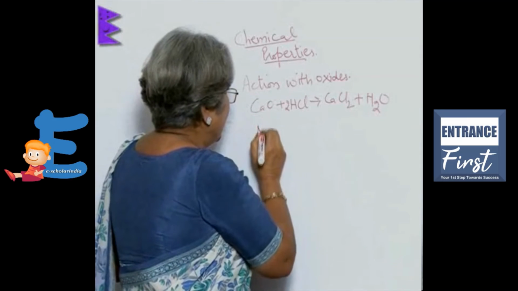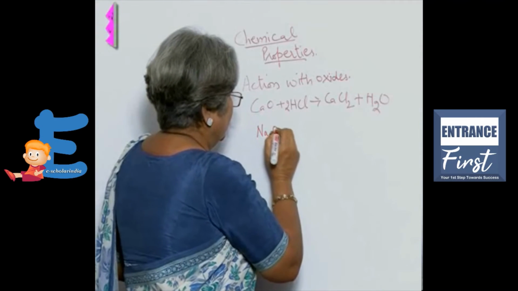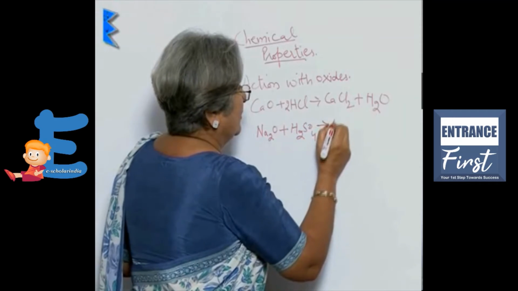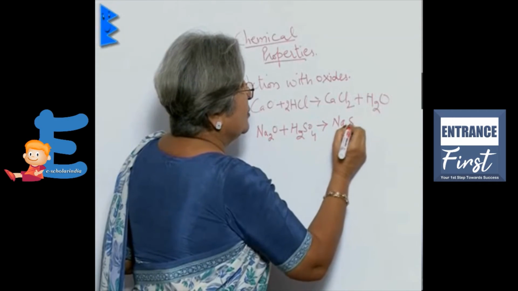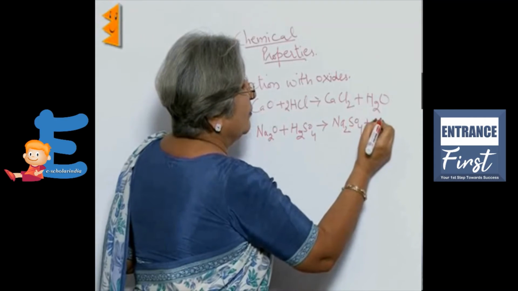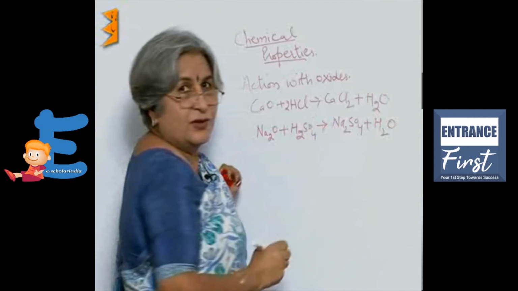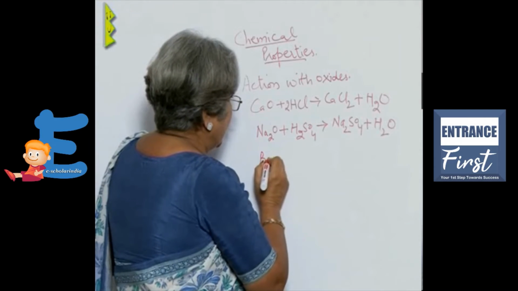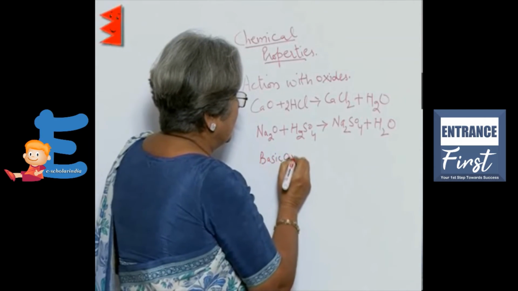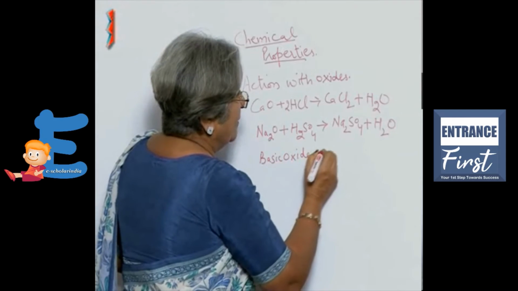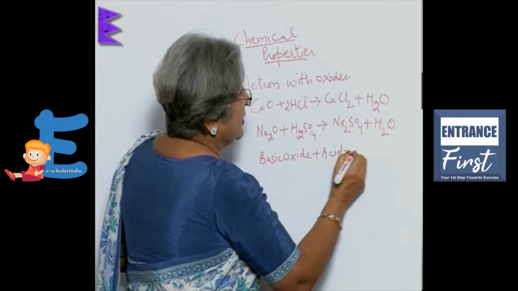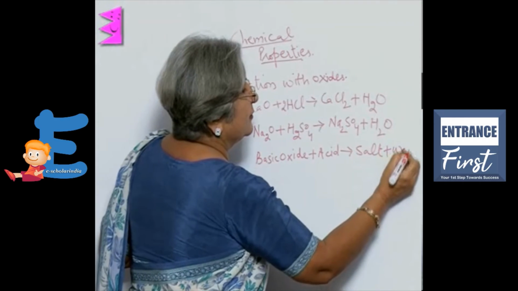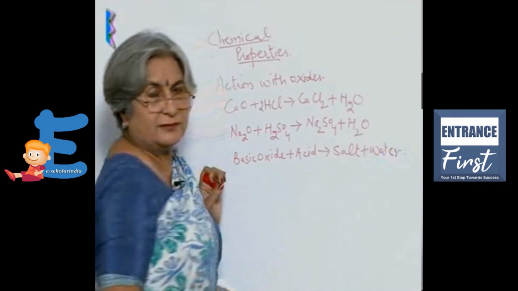Similarly, if you take sodium oxide, pour sulfuric acid, you will get sodium sulfate and water. So here what has happened? Basic oxide or the metal oxide plus acid is giving us salt and water.